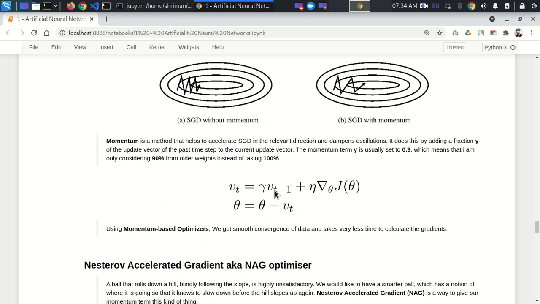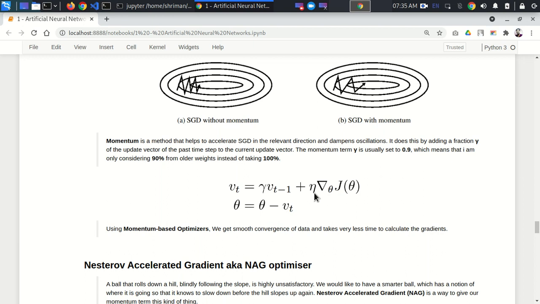So in the very first iteration, V(t-1) will be 0. So the whole term will be 0, and in that case we only give a constant parameter here, and the same thing that we did in SGD will be given. But now there is a learning rate that we have utilized, this eta, which is similar to what we have in SGD. Fine, for the very first iteration.